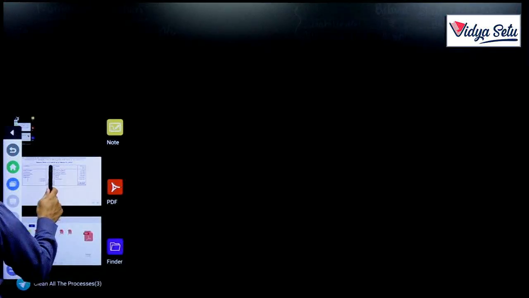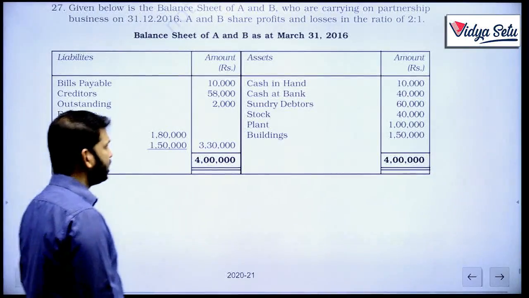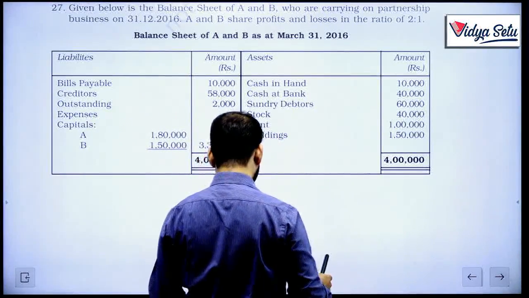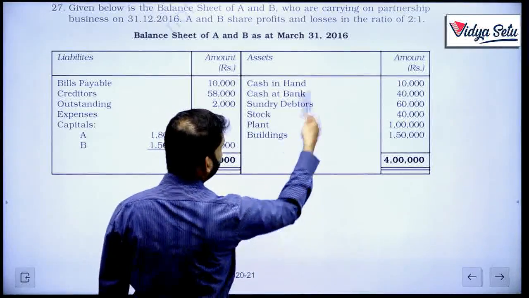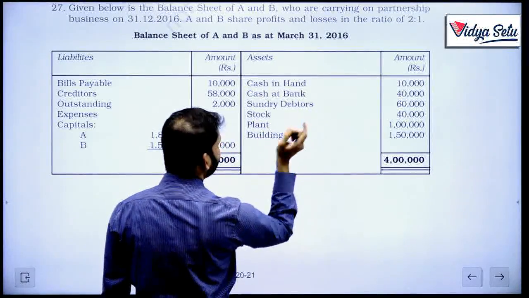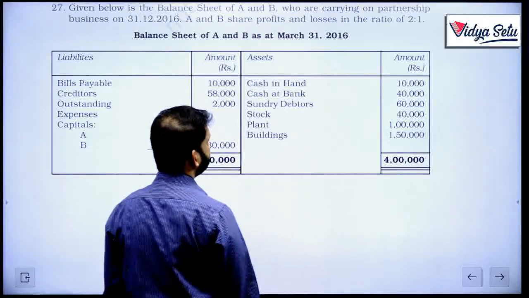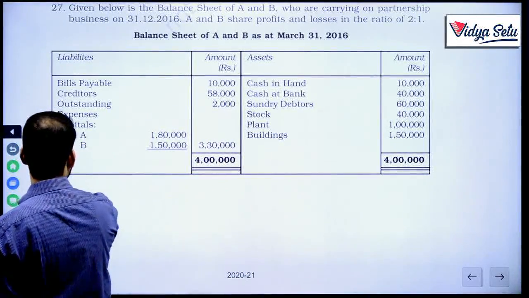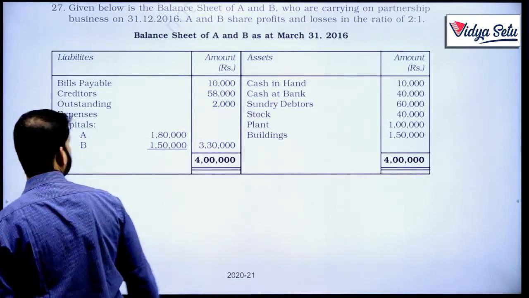We remember there were adjustments in the assets, like in cash also, cash, bank, sundry debtors. So, cash no adjustment, bank the new partner brings in money, so there will be some adjustment, sundry debtors adjustment, 10, 40, 60.